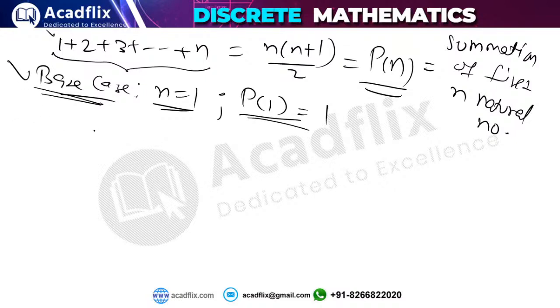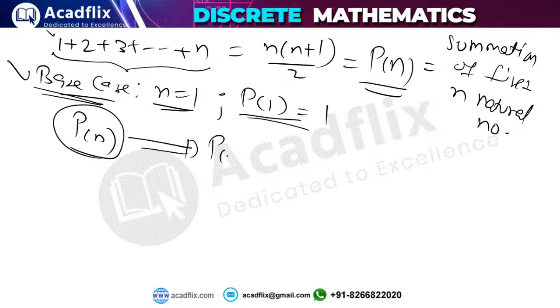The next thing says you just need to prove that you can go one step ahead. If you are standing at n, then you can go to n plus 1. You need to show that if you have done Pn, then you can do Pn plus 1. So let's assume Pn is true.